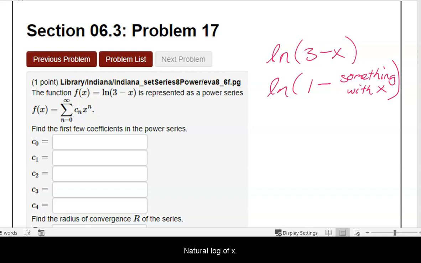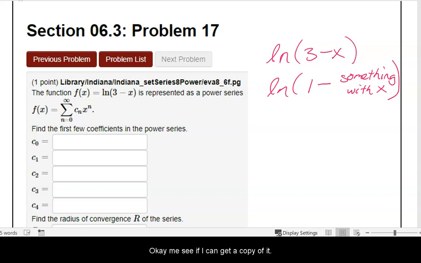I have natural log of x, natural log of 1 minus x. I suppose we could develop it. There it is.